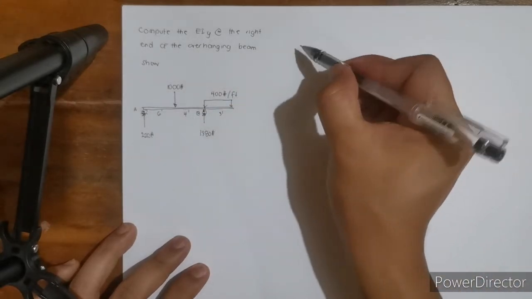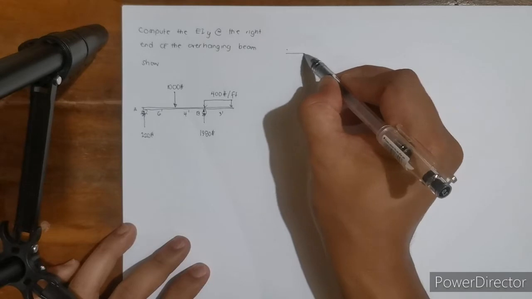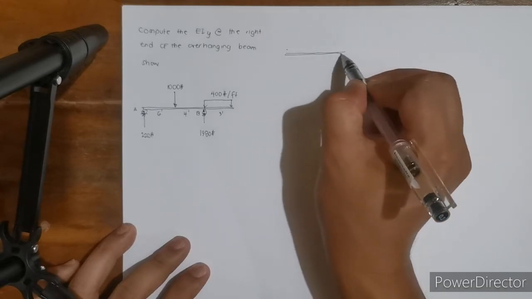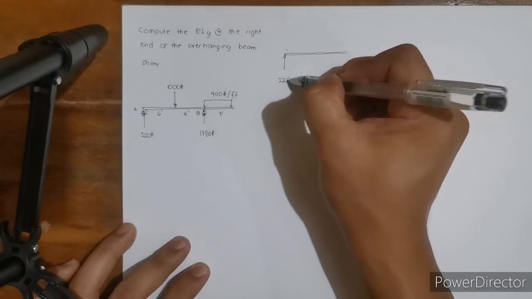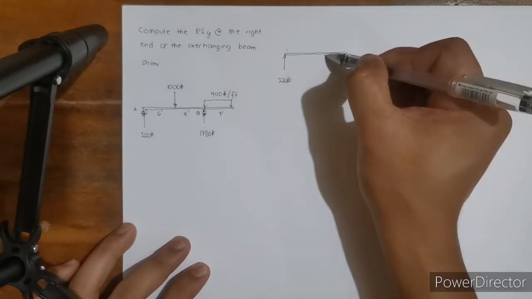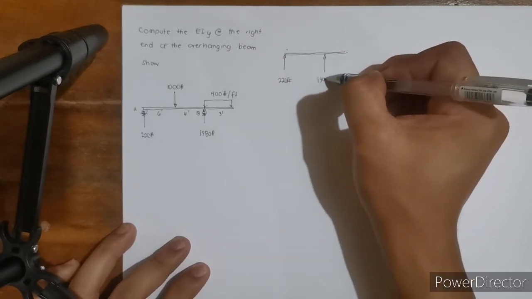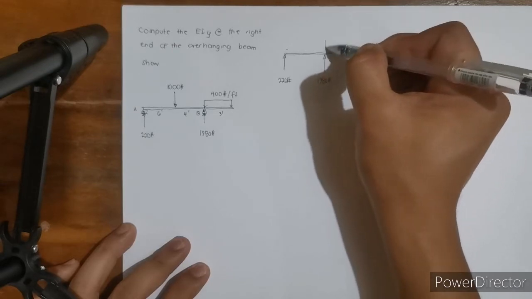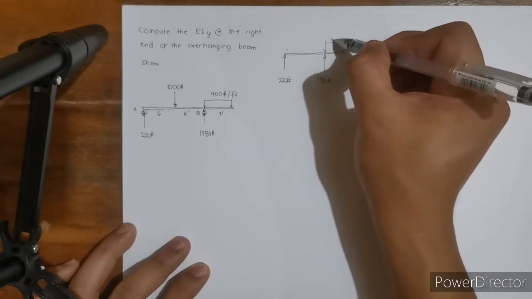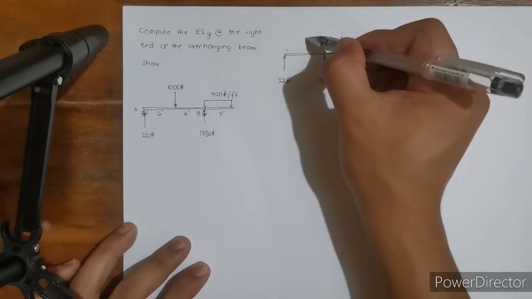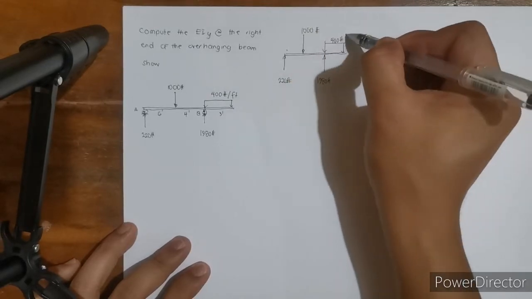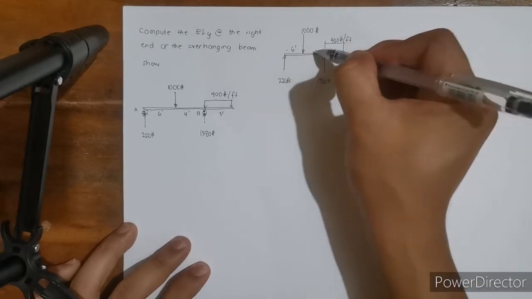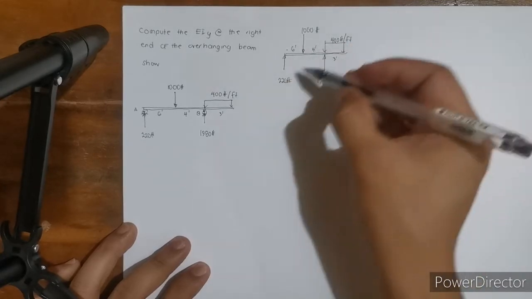So, kung i-redraw natin, rectangular load, and then 1,000 pounds yun. 6 feet, 4 feet, 3 feet.